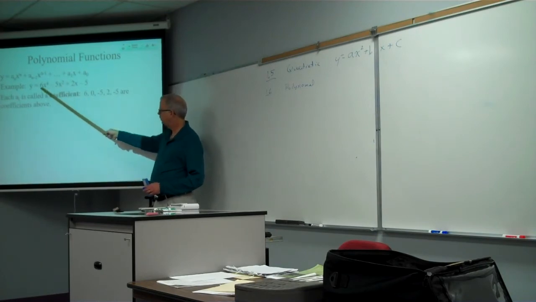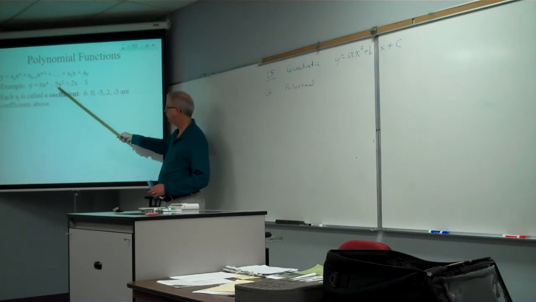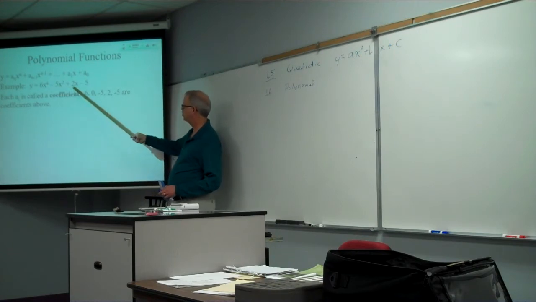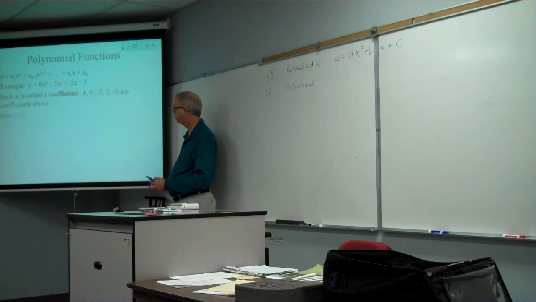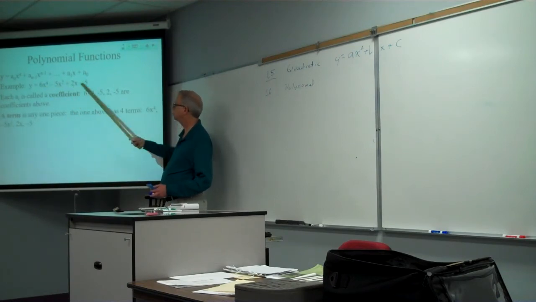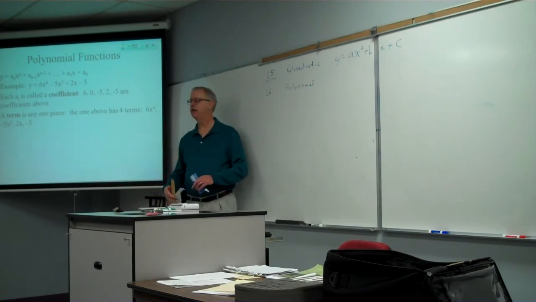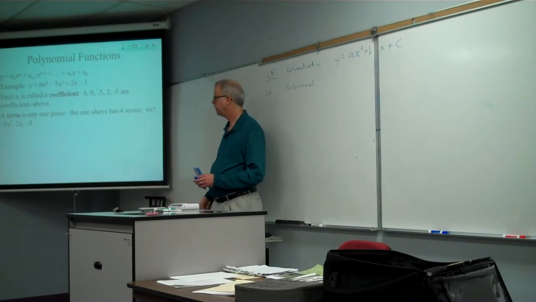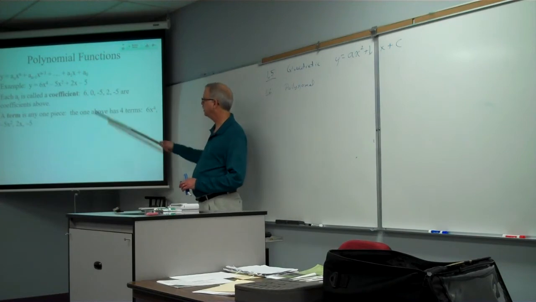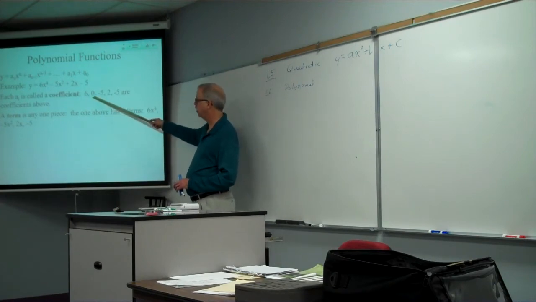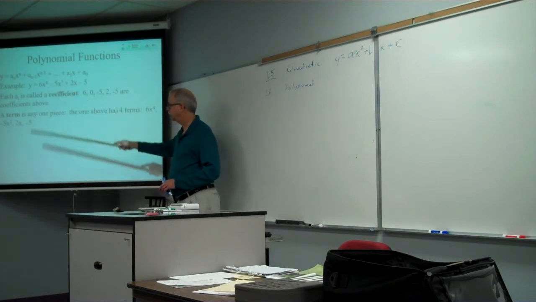6 is the coefficient of x to the 4th, then a coefficient of minus 5, a coefficient of 2, and a coefficient of minus 5. So we've got coefficients. We see here 4 non-zero terms. We normally don't write down the 0 terms. The only reason we really focus on a 0 term is if it looks like it's missing.